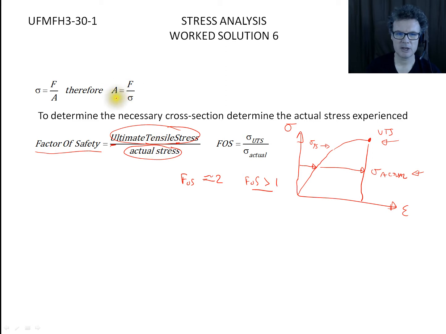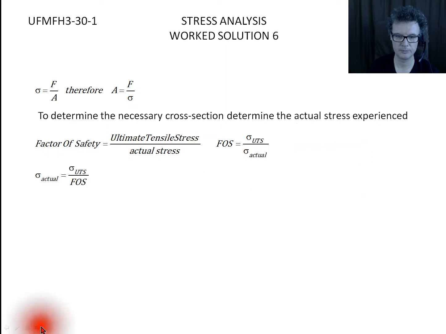So let's come back to this equation here. So we have found from our method of joints or method of sections analysis what the internal force is. Okay. Now we're going to use this equation here to find out what the actual stress that we're going to have in the beam. So we're finding out this term here. So the actual stress is, we're going to rearrange this formula here.